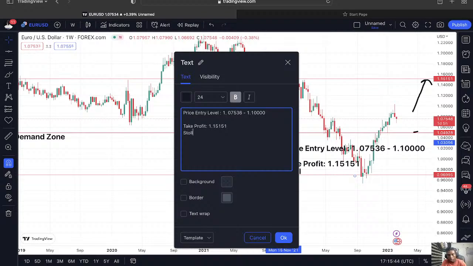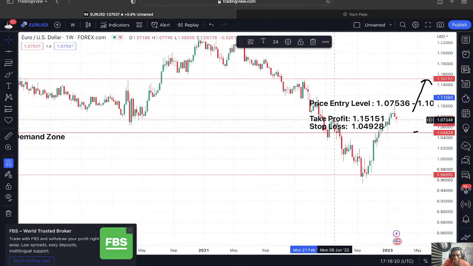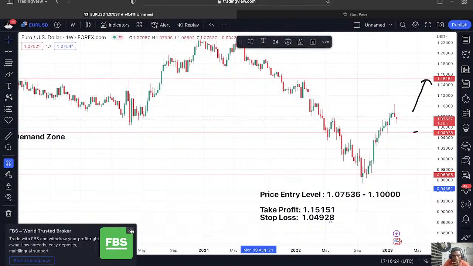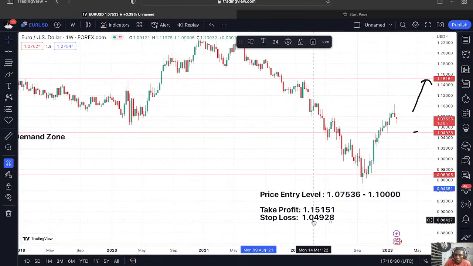Then stop loss would be at 1.04928. Okay, our entry level, our take profit level, and our stop loss level.